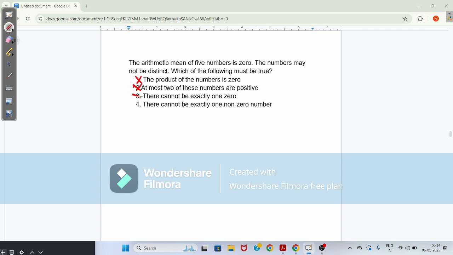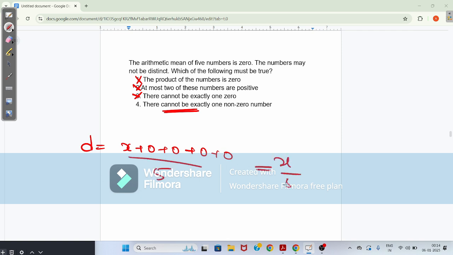If this value becomes x by 5, it will be either greater than or less than 0, so it cannot equal 0. This implies there cannot be exactly one non-zero number. This is the correct option that we have here.